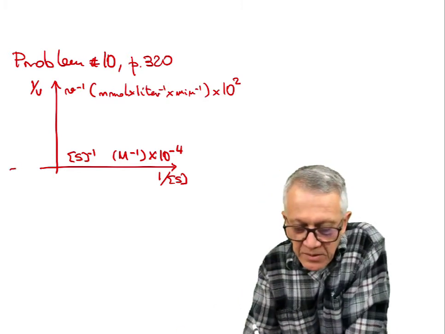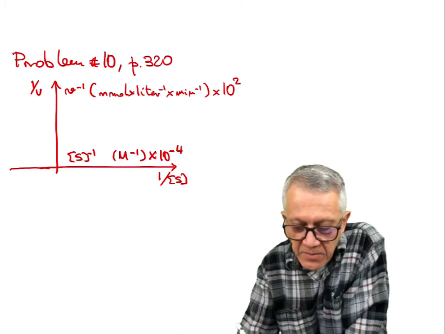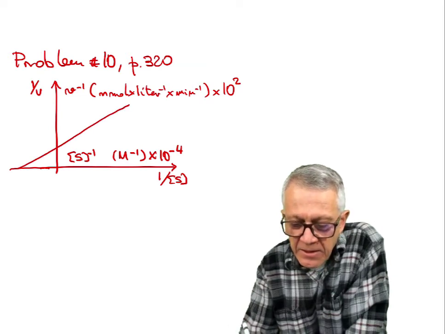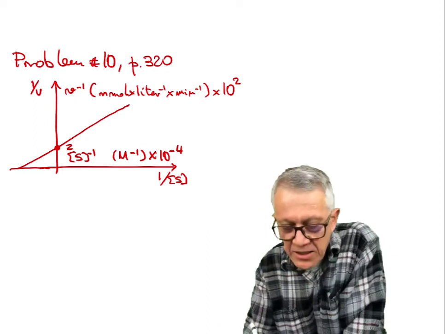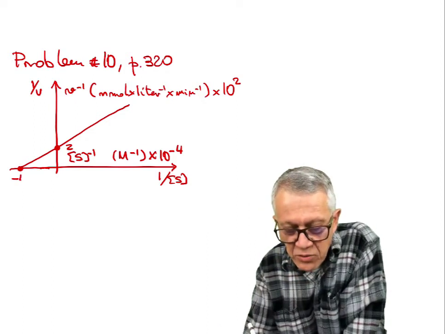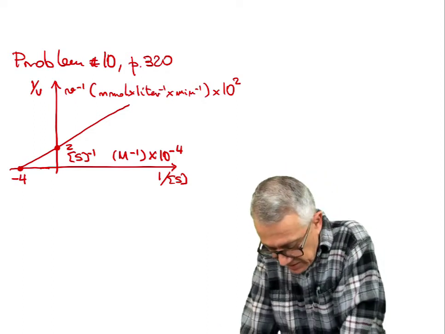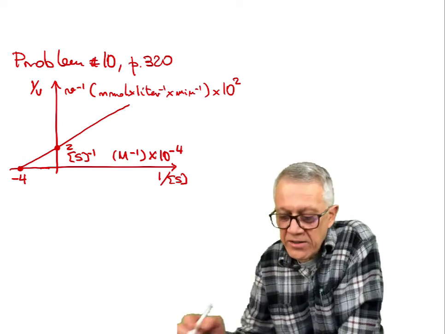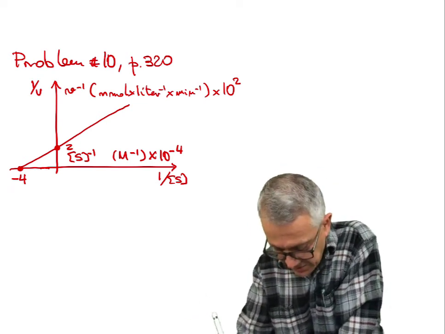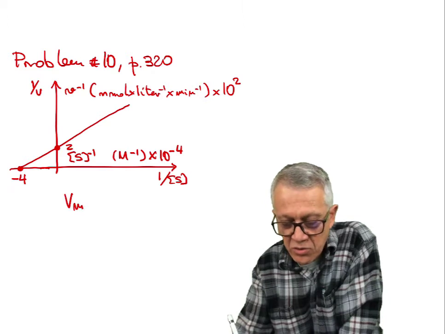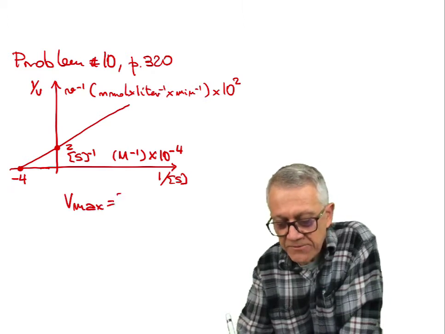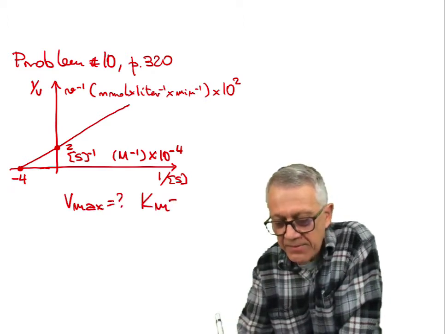All right, more information here. He says that this number here is 2, and this other number there is minus 4. And he asks us to calculate the values for Vmax and Km.